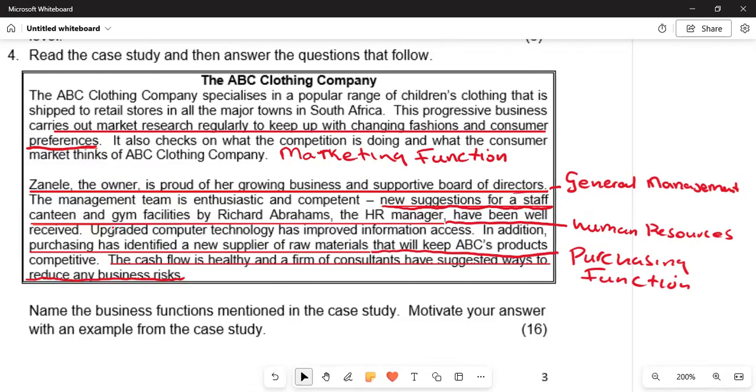Now we move on to another function. Now we are saying the cash flow is healthy and the firm of consultants has suggested ways to reduce business risks. So that is finance. That is the finance function because it talks about the cash flows, talks about money, managing the budget and stuff like that.